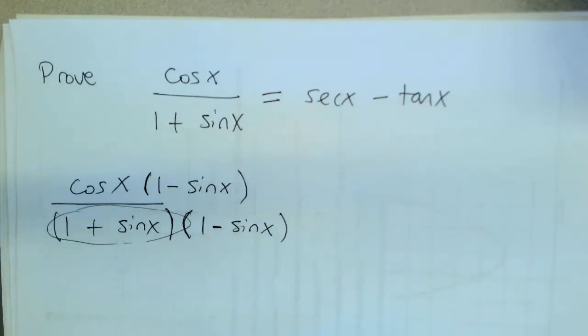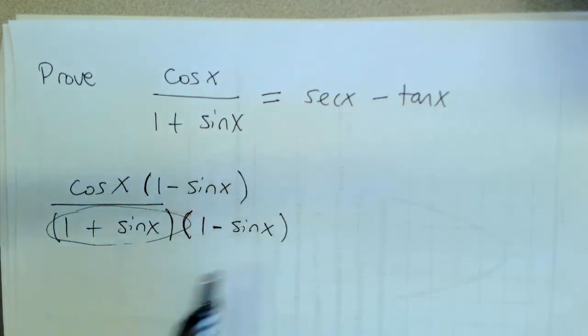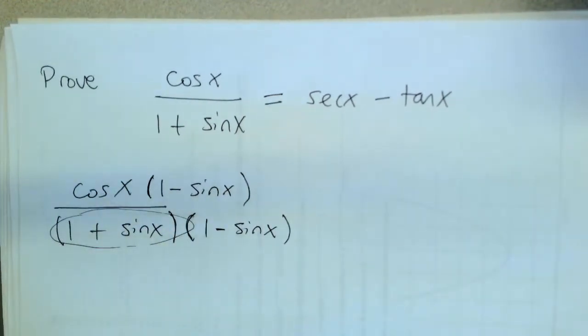The reason it makes things nicer is that when you have an expression times its conjugate, what you have is the product of a sum and a difference: 1 plus sine of x times 1 minus sine of x. Do you guys see that? If you multiply out that denominator, something nice will happen. You're just going to get a difference of 2 squares. All right.